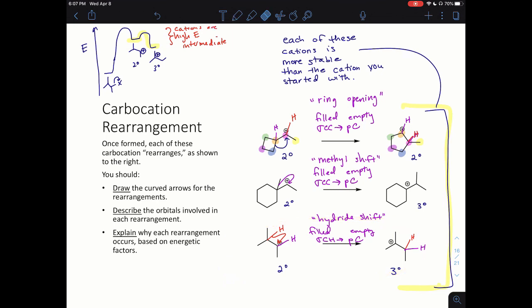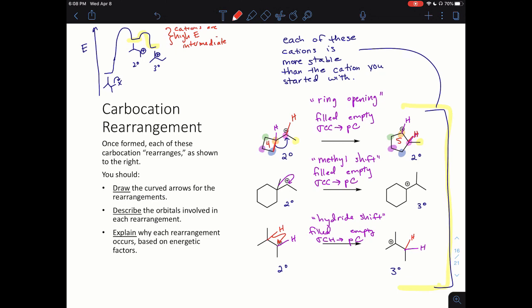Now look at each of these examples. In a way, I have done the hardest example first. What we have happening here is a secondary cation, and this secondary cation clearly is undergoing a rearrangement. It's gone from a 4-membered ring to a 5-membered ring. I've color-coded the carbons so you can number them.